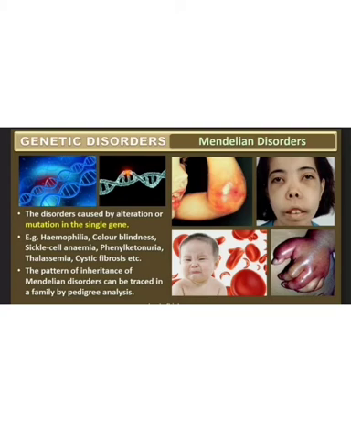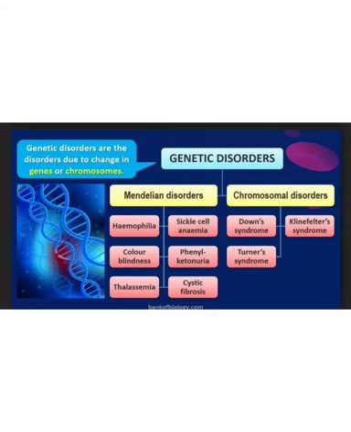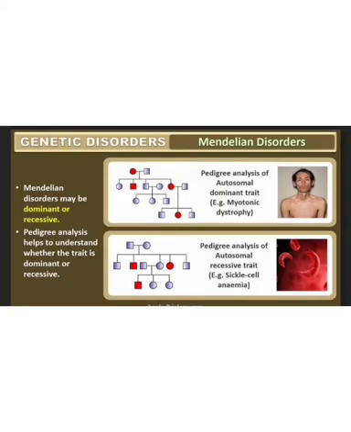Most common Mendelian disorders are hemophilia, cystic fibrosis, sickle cell anemia, color blindness, phenylketonuria, and thalassemia. The pattern of inheritance can be traced in a family tree by pedigree analysis. The Mendelian disorders may be dominant or recessive.